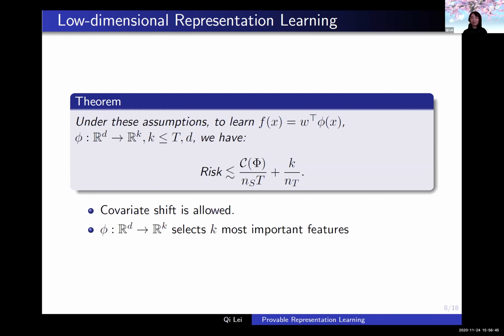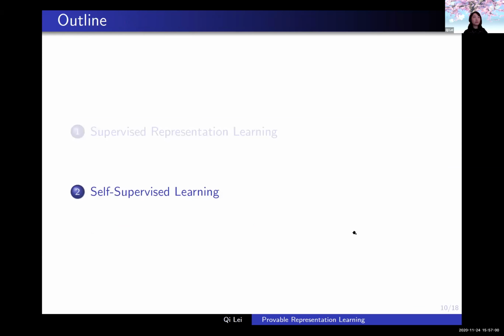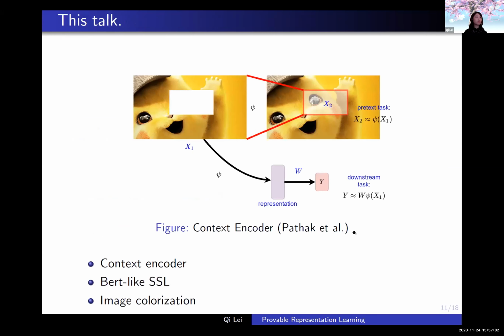In many cases, there is not enough labeled data. In this case, we want to create labels from the input data. So here comes self-supervised learning. We can also learn representations from self-supervised learning tasks, and in this talk I want to cover this kind of self-supervised procedure.